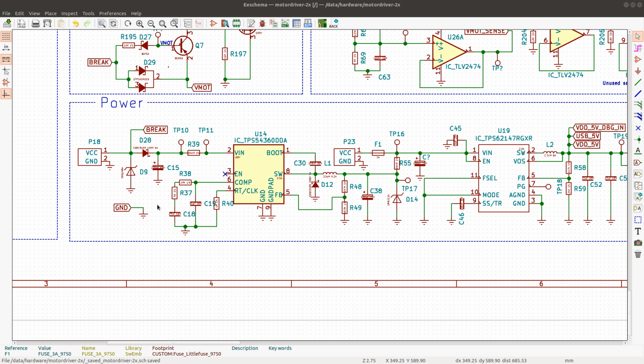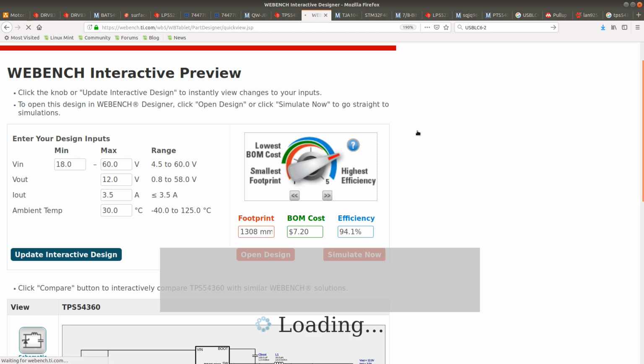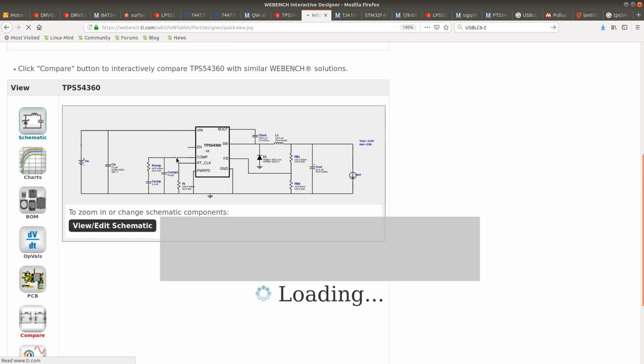Now, when I first put this circuit together, I used their tool to determine the parameters. Now we can set this to middle there, so we get the values that more resemble the... let's see, did I use these values?